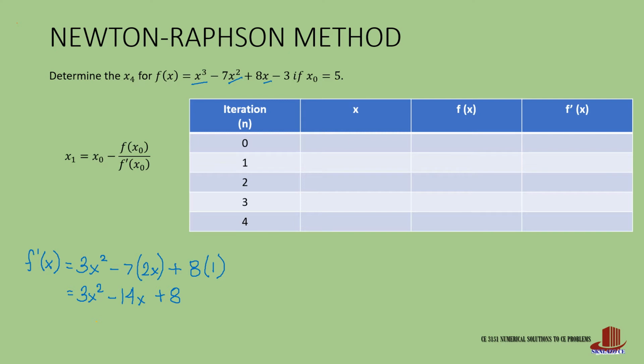Now that we have our formulas, we can move ahead with our computation. It says that x naught is given as 5.